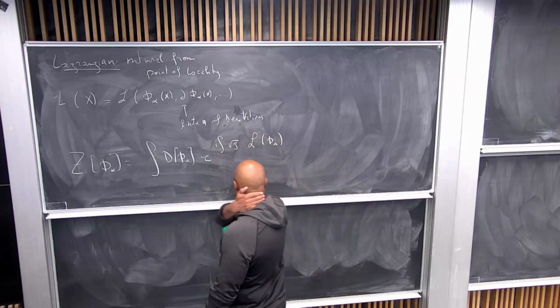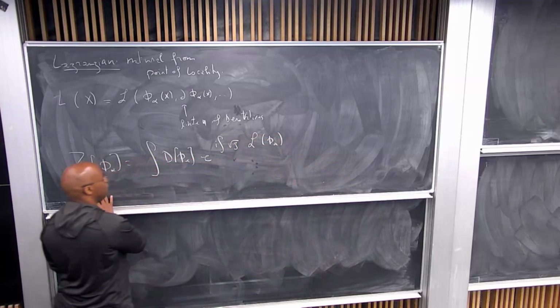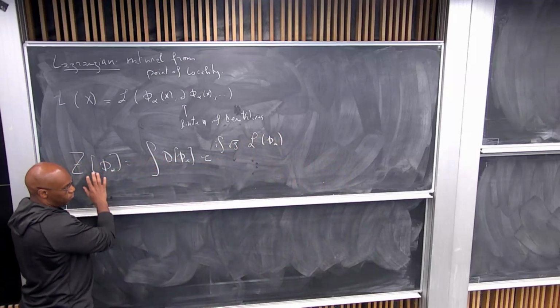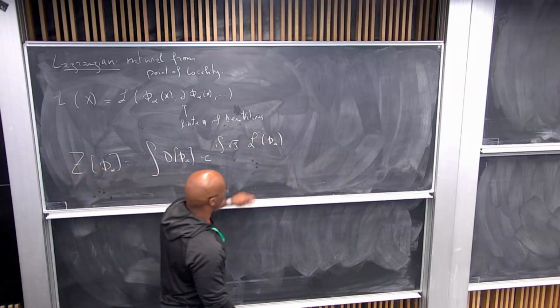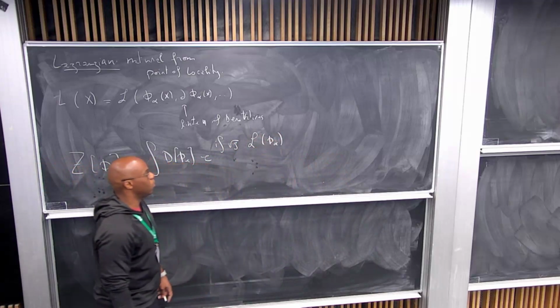Okay. So if I give you a Lagrangian, I can define a partition function, and we can discuss how such a partition function allows us to compute everything that we want.